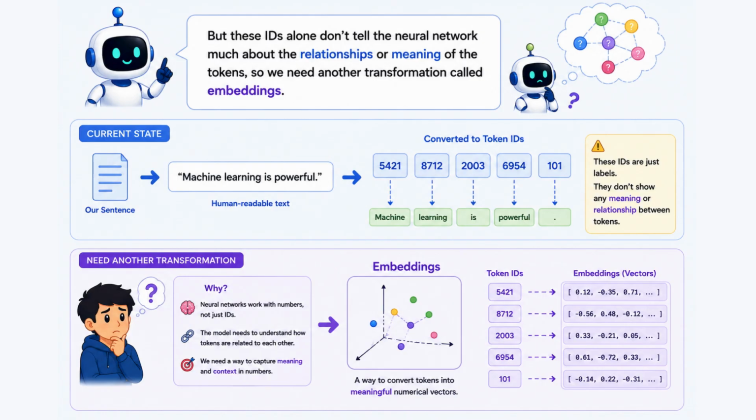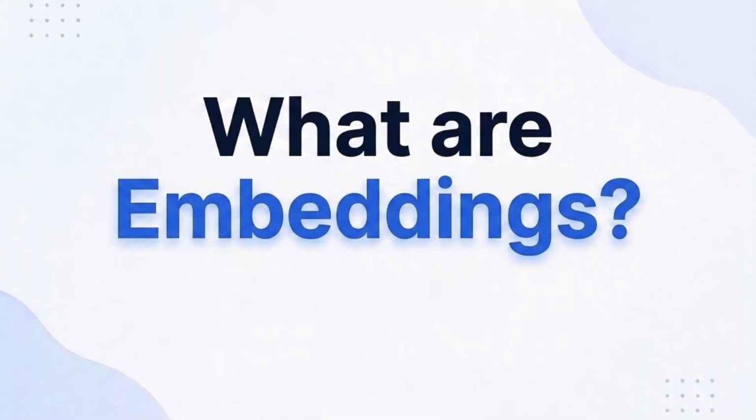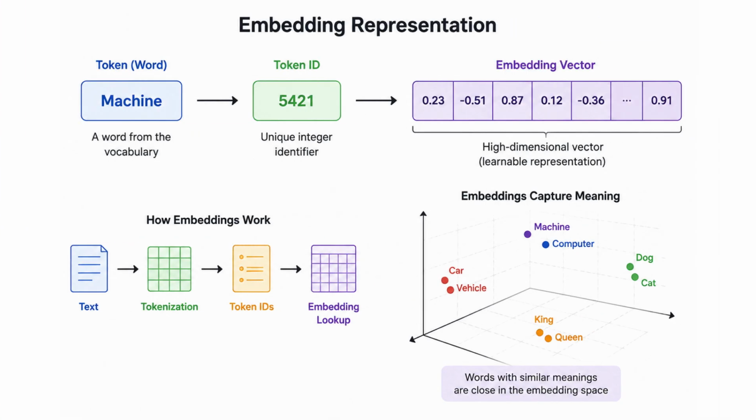But these IDs alone don't tell the neural network much about the relationships or meaning of the tokens, so we need another transformation called embeddings. An embedding is a numerical vector that represents a token in a way that the neural network can process and learn from. Instead of representing the token "machine" with just one number like 5421, the model represents it using a vector containing many numerical values.